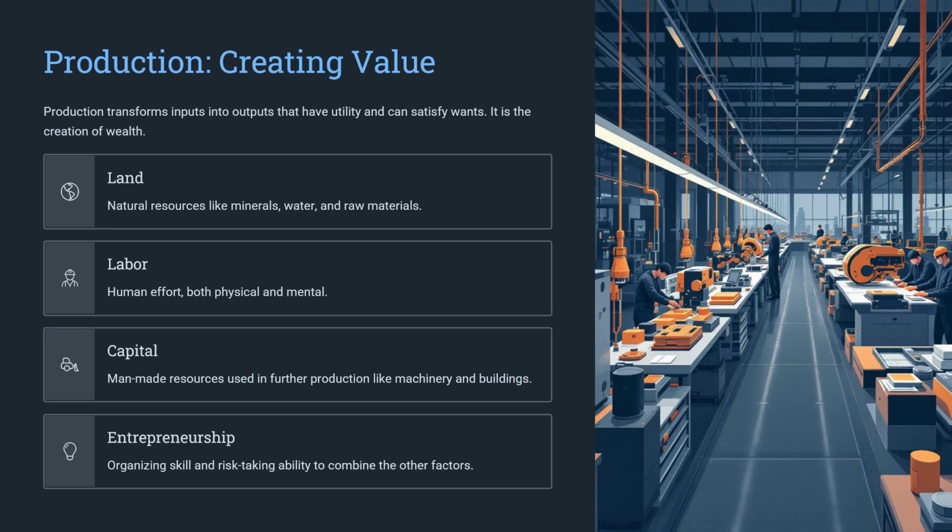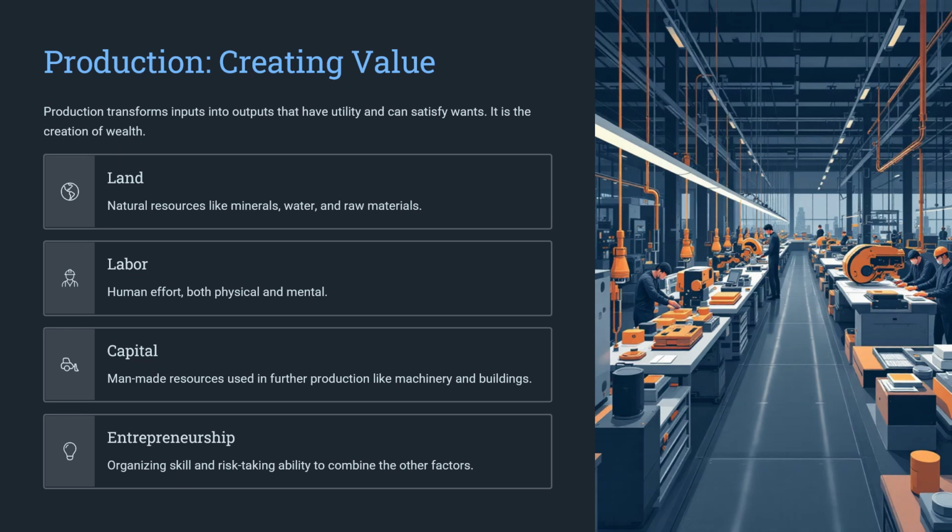The second division is production, which is the process of creating or adding utility to goods and services. Production involves the use of the four factors of production, namely land, labor, capital, and organization, which may be called entrepreneurship.